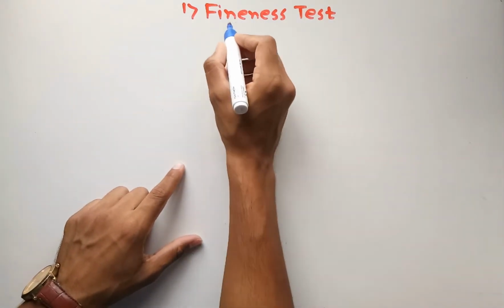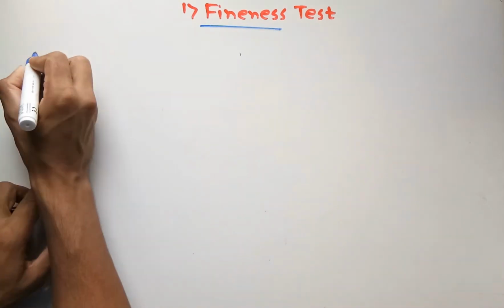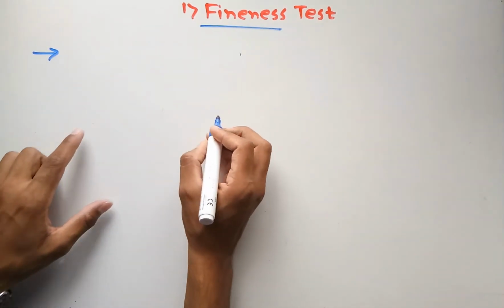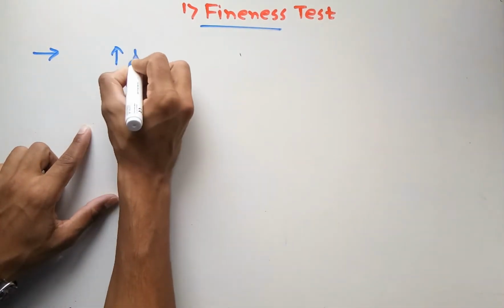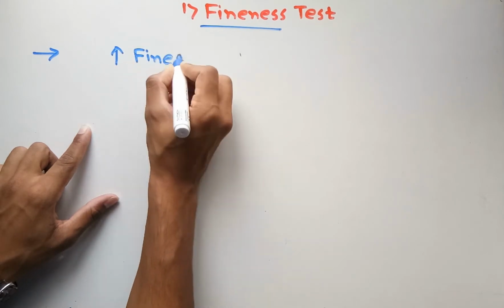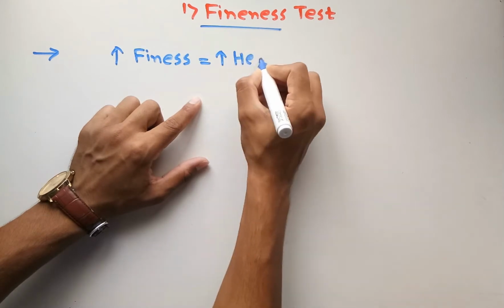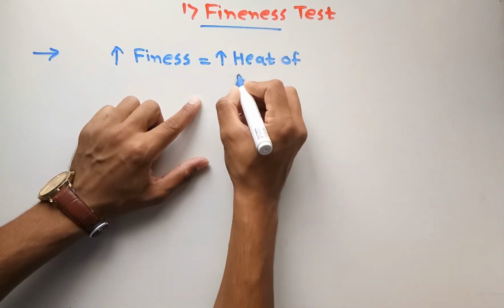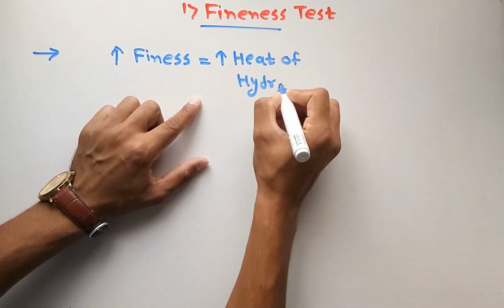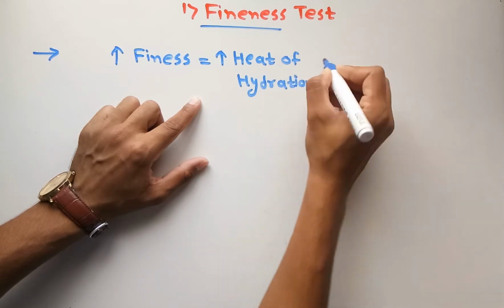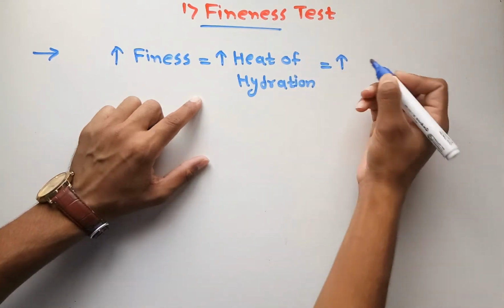Okay, so first of all we will see the term fineness. As we studied in the last videos, the higher the fineness, the higher the heat of hydration, which is directly responsible for the higher rate of strength gain.